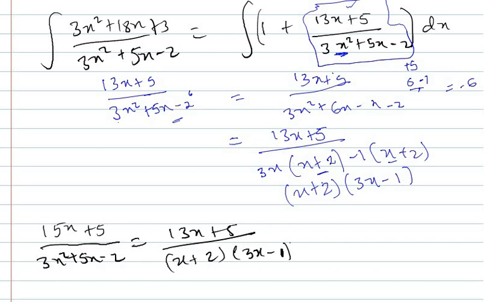So it's good to go. We can use partial fractions, saying A over the first one, that's x plus 2, plus B over the second one, that's 3x minus 1.